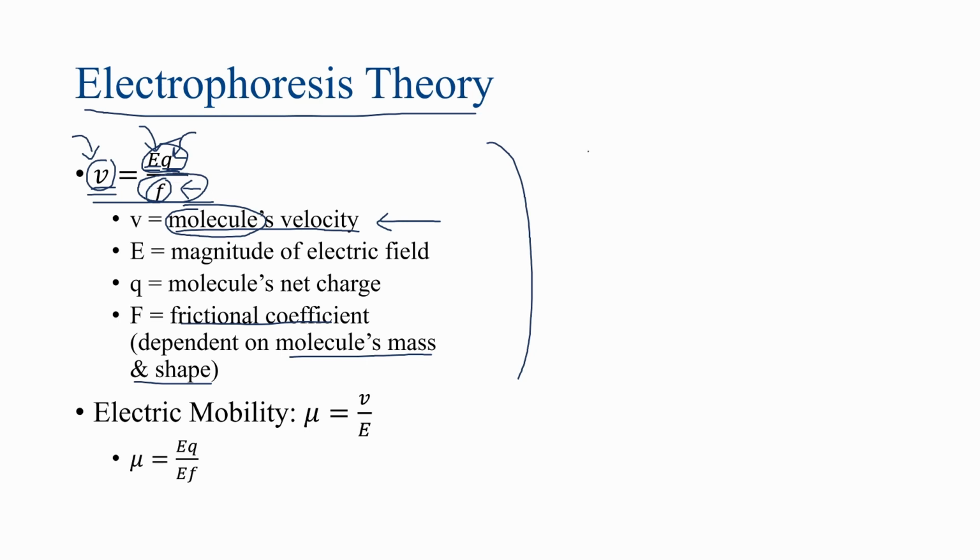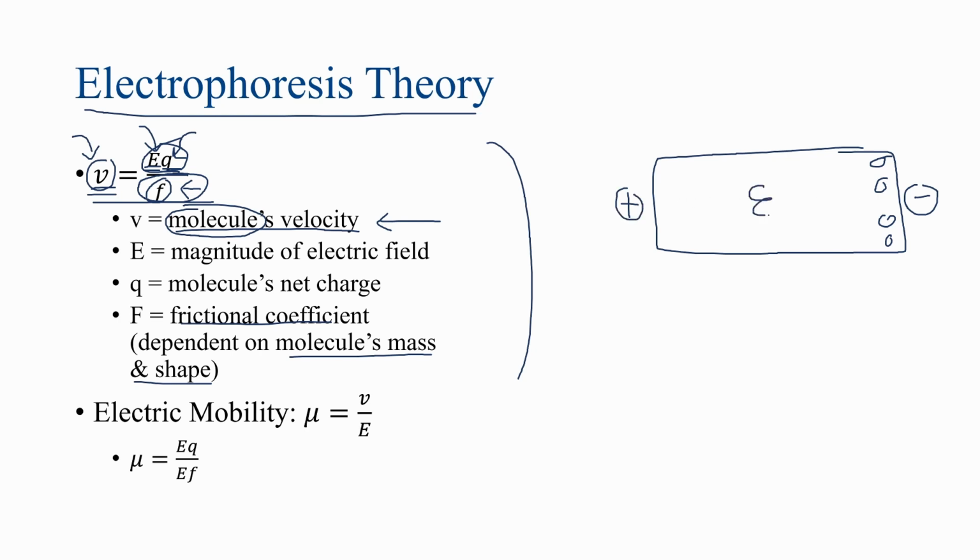Now, as I illustrated in the previous slide, what you will have is a gel. On the right side of the gel, say this is the wells of the gel, we'll have the cathode, and on the left side, we will have the anode. You will have an electrical field that will be generated across the gel.